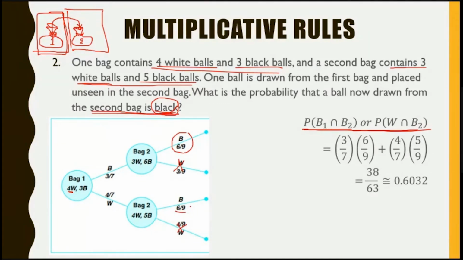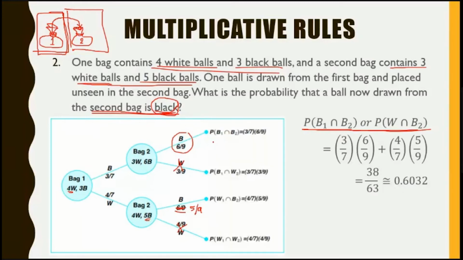This is actually not 6/9, this is 5/9. So please correct me. This is 5/9, since we have 5 blacks out of 9 balls. Okay, so now we will multiply this to get the intersections, or simply the probability.